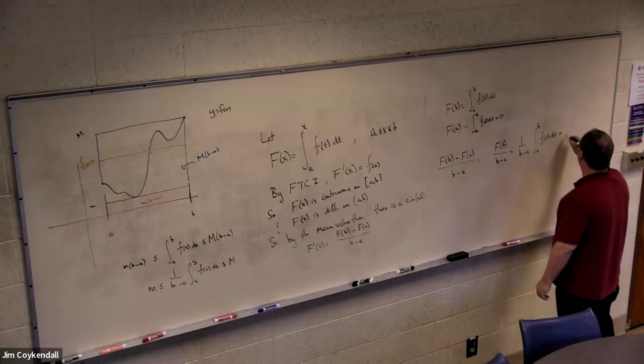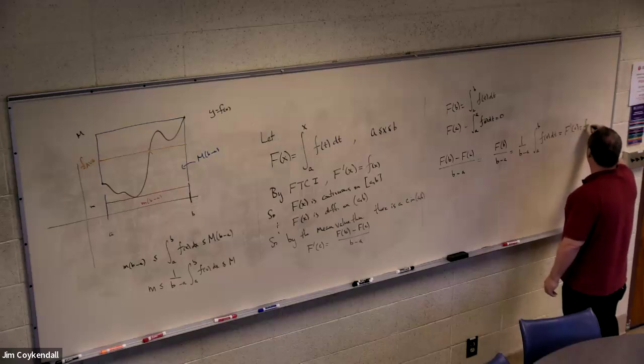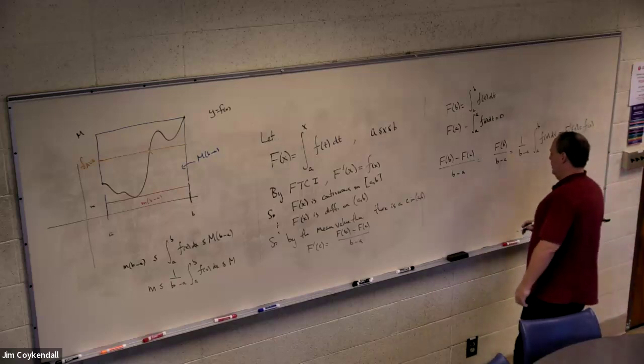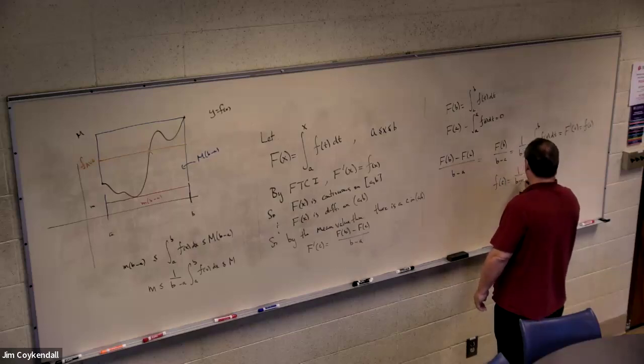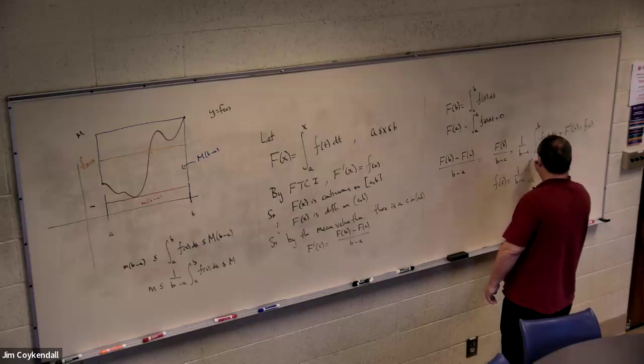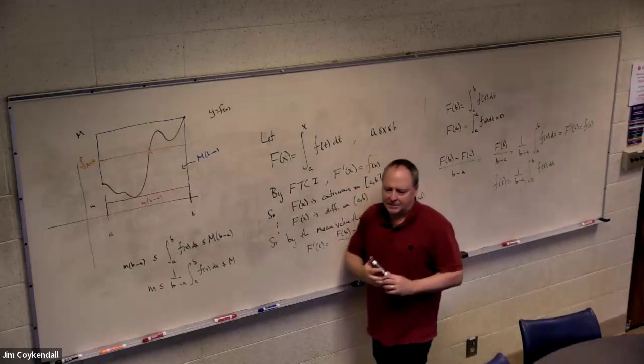And this is F prime of C, which is little f of C. So f of C equals 1 over B minus A times the integral from A to B.